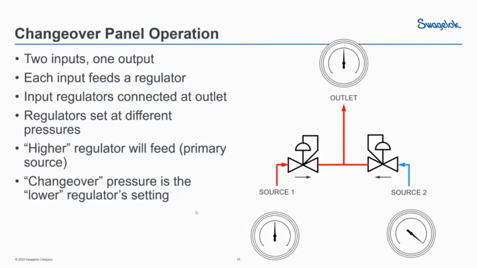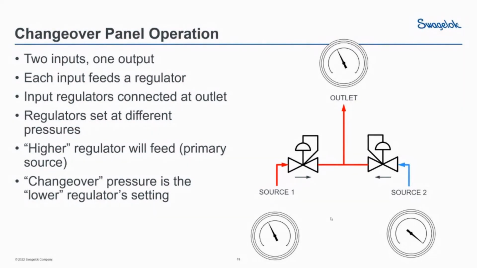Now remember, source two will drive the changeover. It's set slightly lower. So once the inlet pressure of source one reaches the pressure regulator setting for source one, that regulator will be wide open, and it will continue to feed from that regulator until the outlet pressure drops to the setting of source two, at which point source two's regulator, which is sensing its downstream pressure, will say, hey, I see that the pressure is now approaching my set point.